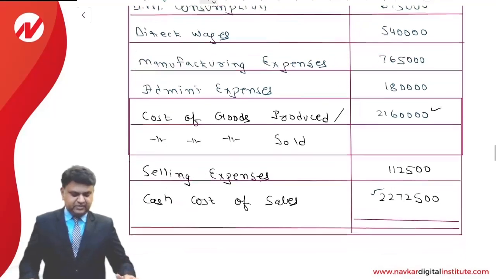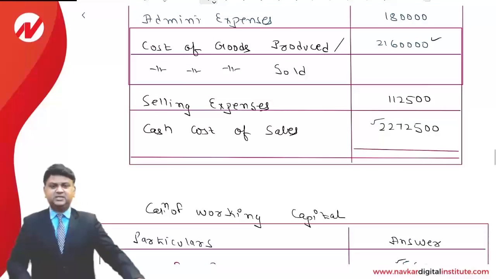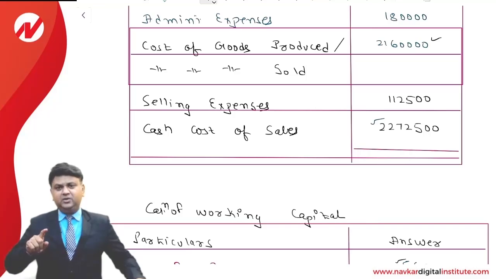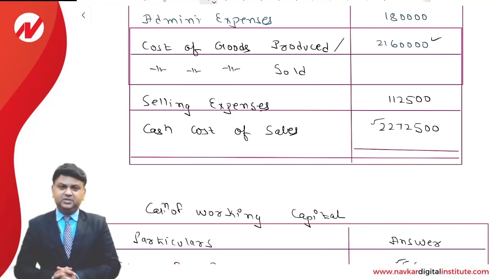Material, labor, manufacturing expenses, and importantly they have provided the suggested answer in which the administration overhead is considered to be part of the finished goods valuation. Many a times it is ignored, so you just have to write a note on what kind of treatment you follow for administration expenses.